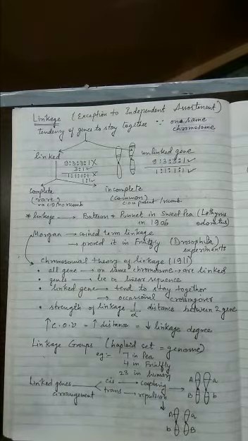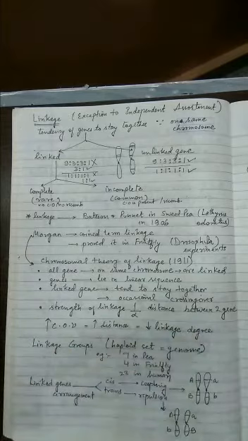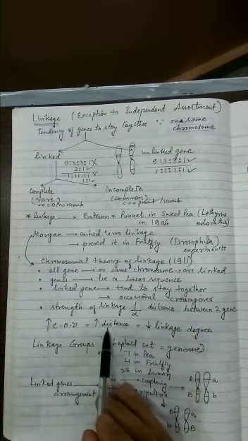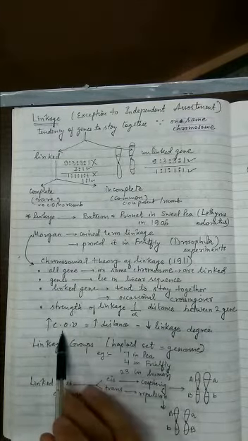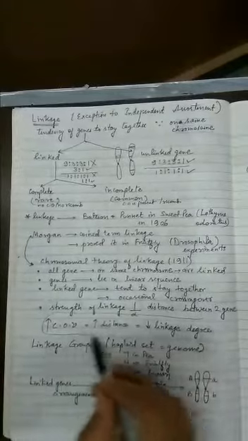Now the next point: the closer the two genes are, the tougher it is for crossing over to occur. That means if the distance between genes increases, then the crossing over frequency will increase, which means the linkage degree will decrease. Please remember this basic point.